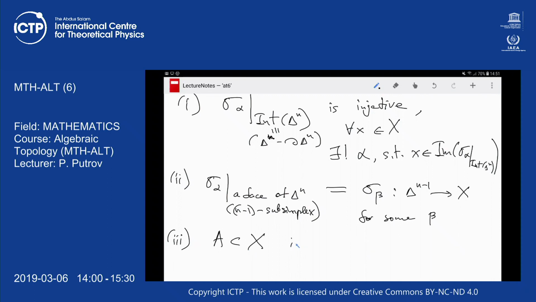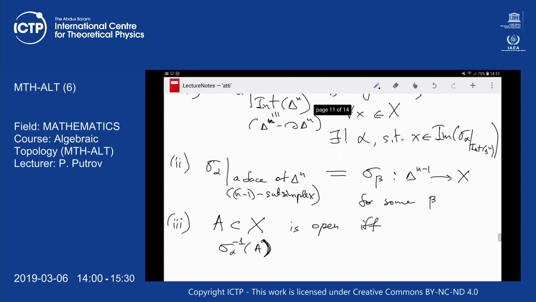A set in X is open if and only if the inverse image of it under sigma alpha is open in delta n, for any alpha.